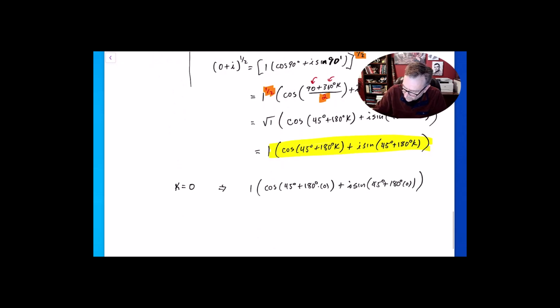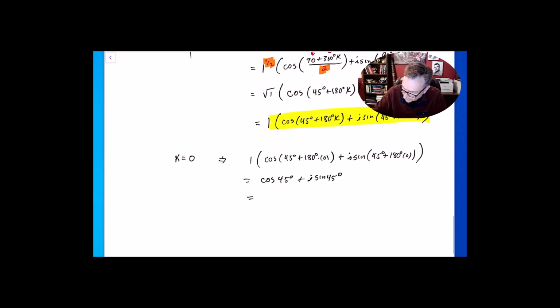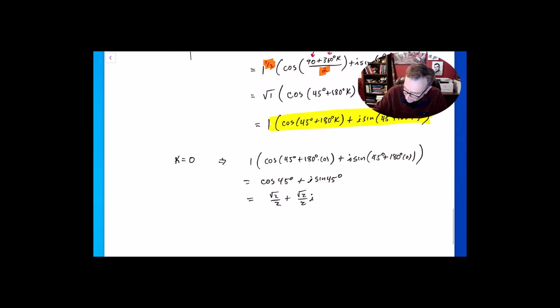All right, and then that gives me cosine of 45 degrees plus I sine of 45 degrees. And I know what cosine of 45 degrees is. That is square root of 2 over 2 plus square root of 2 over 2 times I. All right, and so that is one of the square roots of I.